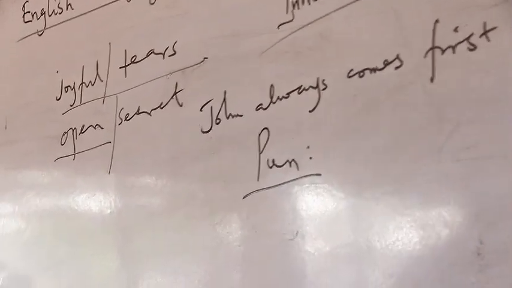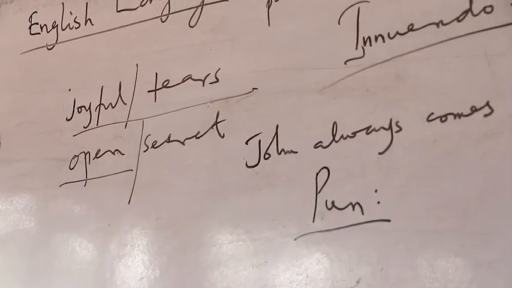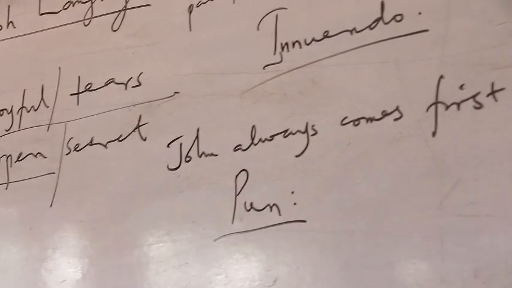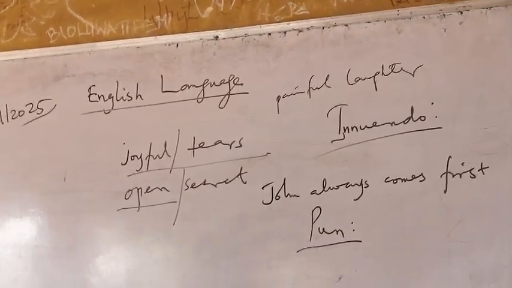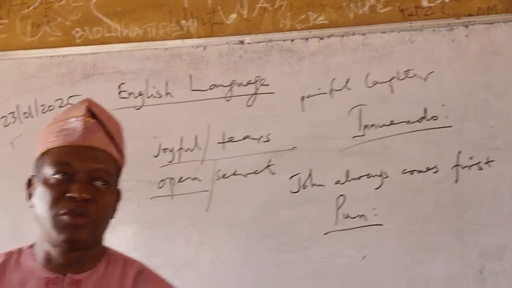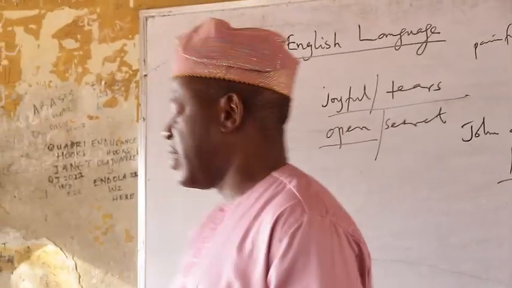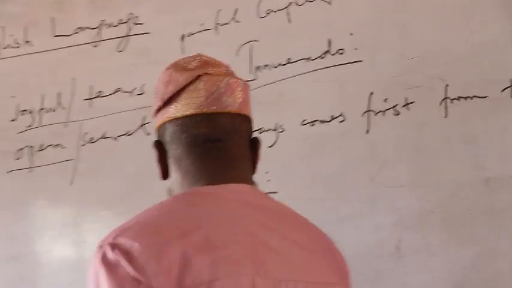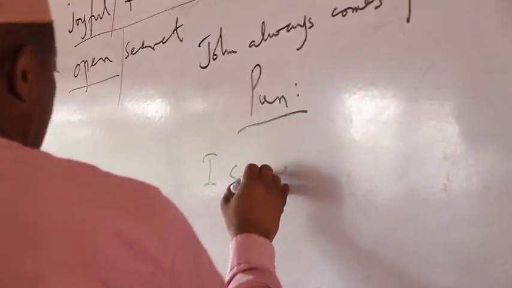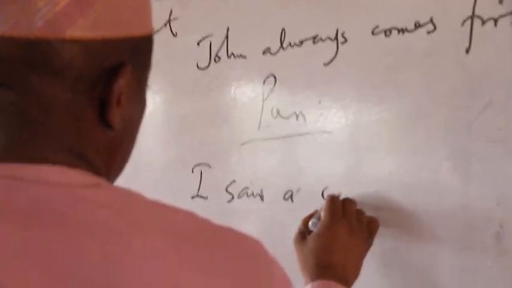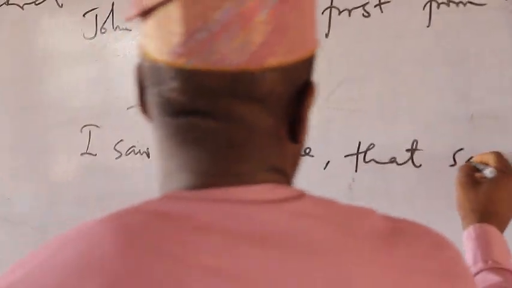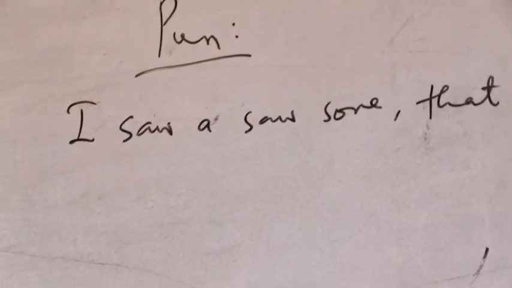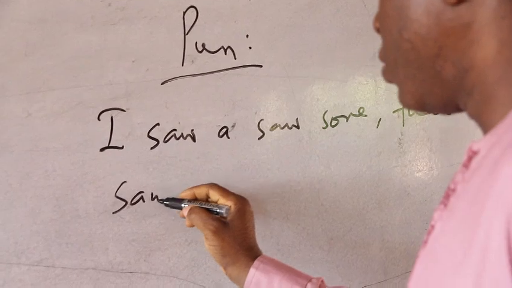Pun is a play on words. One of the devices used by a writer in literature is this figure of speech, pun, to make the sound have an effect. If I say, I saw a saw. That saw I saw was a saw.